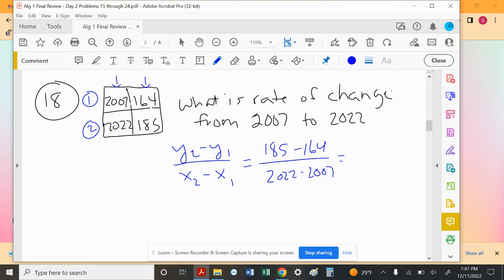So that would be 21 over 15. It's 15 years between those two. And then you can see we can reduce this down. So 3 goes into 21 7 times. 3 goes into 15 5 times. So my answer would be 7/5 as my rate of change.